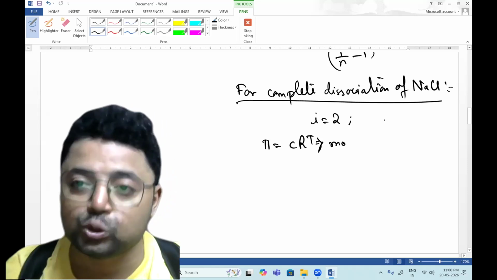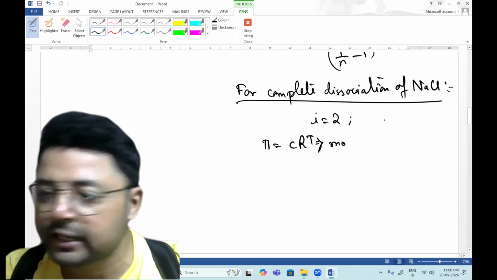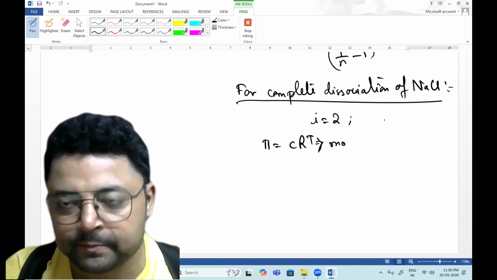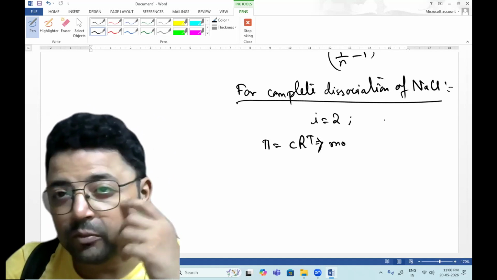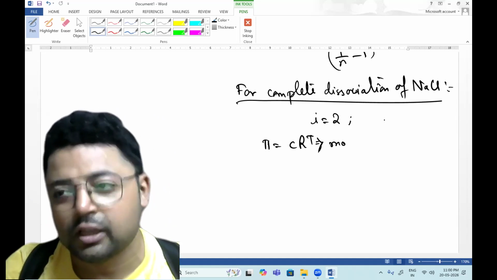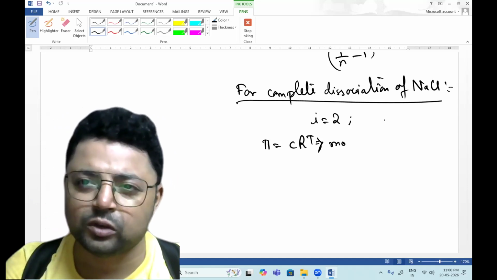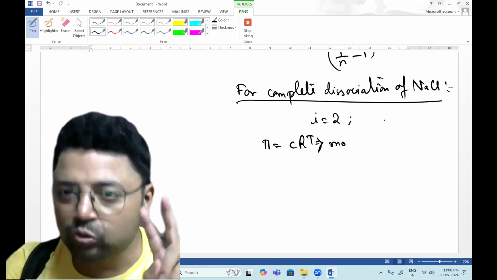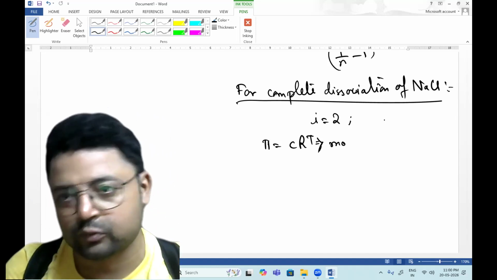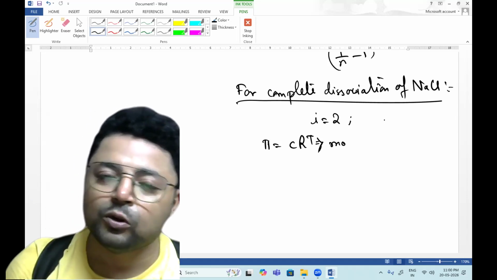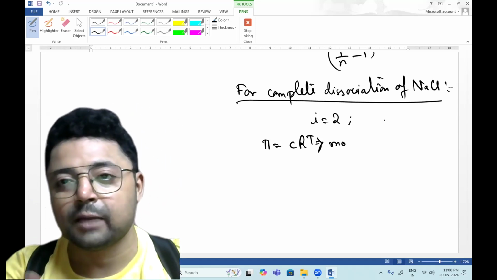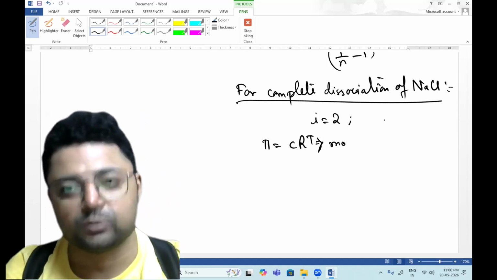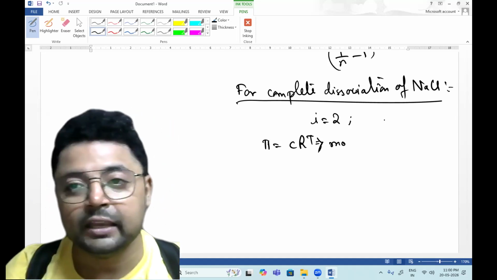If you have a glucose molecule, C6H12O6, then I will be nothing but 1 because there is no dissociation occurring there. Glucose molecules, urea molecules, they do not undergo any dissociation. Ionic molecules like NaCl, K2SO4, aluminium sulfate, they undergo dissociation. Al2(SO4)3, 2 Al and 3 SO4. You do not have to see the charge, you have to see the number of ions they are forming. 2 aluminium 3 plus ions will be forming and 3 sulfate ions will be forming. So I value will be 5.